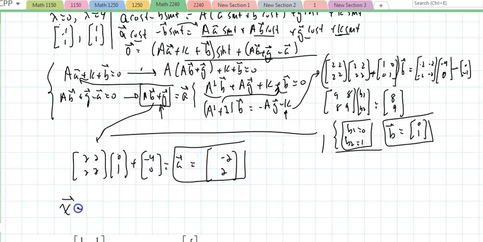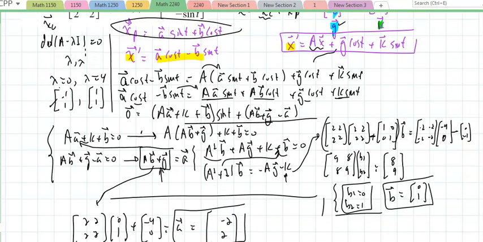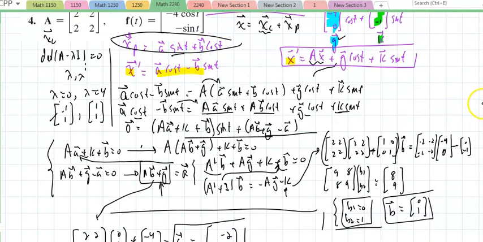So now what? Now I could say my x is, and here they are, e to the 0 is 1, so it's c1 times negative 1, 1, plus c2 times 1, 1 e to the 4t, or plug that in, whatever you want. Plus, we said it's going to be a the sine and b the cosine.